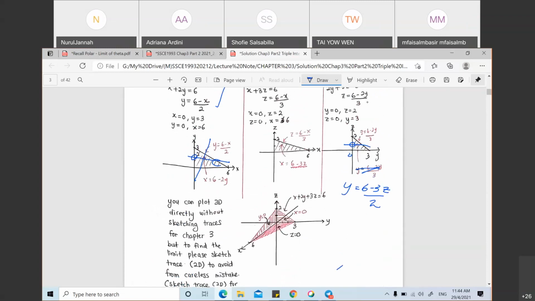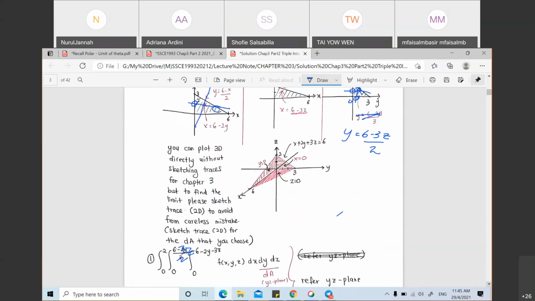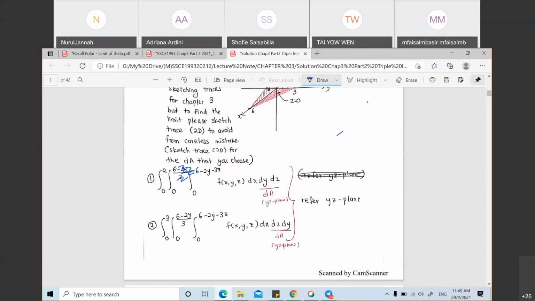Yes, if I cut like this it is dz dy. So dz dy. So y is 0 to 3, and z will be 0 to (6 minus 2y) over 3. Yes.